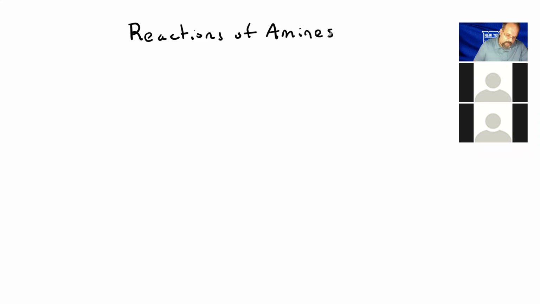Now, when we had our discussion of carboxylic acids, we talked about the fact that carboxylic acids behave as acids, not only according to the Arrhenius definition, but according to the Bronsted-Lowry definition as well. And the two reactions of carboxylic acids that we took a look at were dissociation in water, a combination of Arrhenius and Bronsted-Lowry in terms of what it does in water, and then its neutralization.